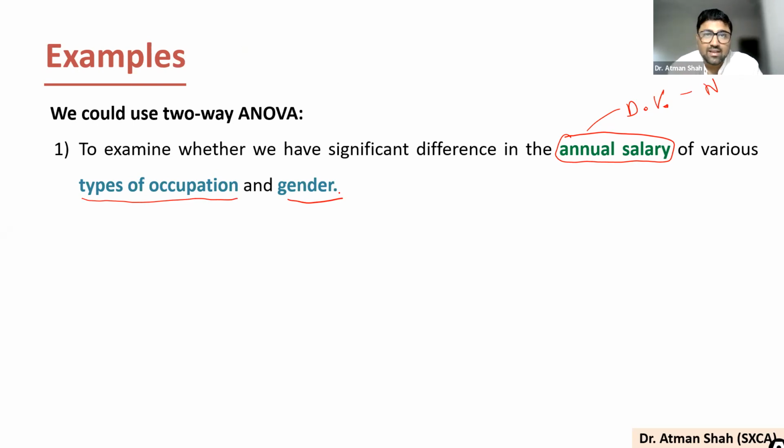So in types of occupation, we have agriculture, non-agriculture, manufacturing, services; in gender, male and female. Right? So separate effects examine the effect of types of occupation and gender on annual salary individually, separately. And interaction effect helps us to understand the effect of types of occupation and gender simultaneously on annual salary. That is the idea of interaction effect.